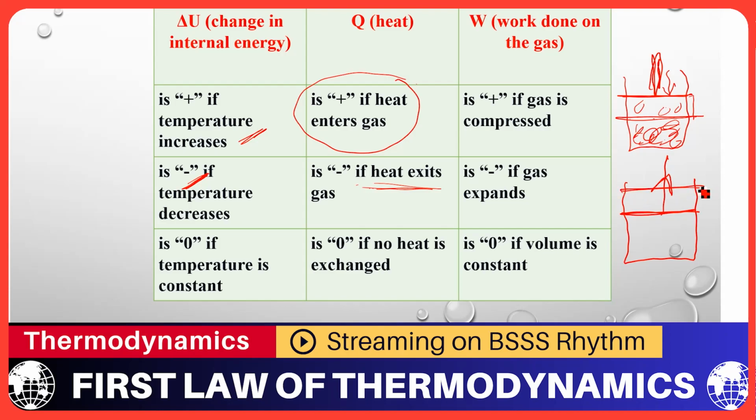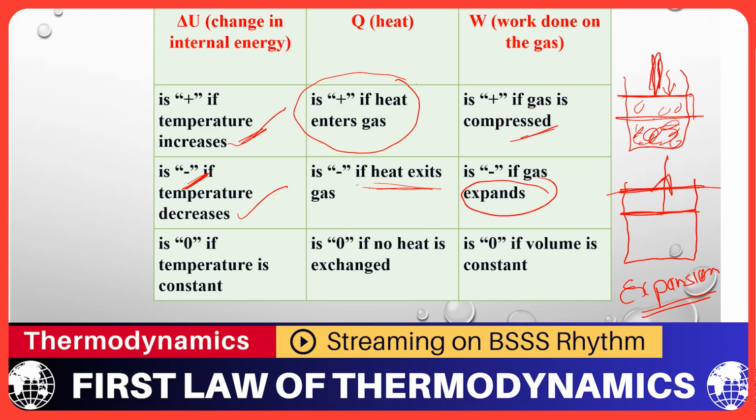It moves upwards, and we know that when a gas is compressed, the molecules come closer and the temperature rises, whereas on expansion the gas always cools. So, here expansion is occurring, the gas is cooling, and due to which internal energy is decreasing, whereas when we are compressing it, the internal energy is increasing, which is represented by the positive and the negative signs respectively.